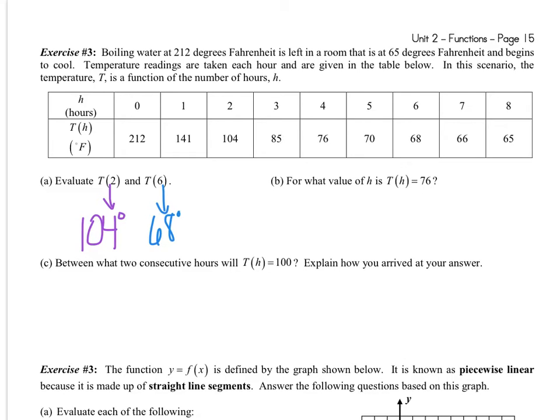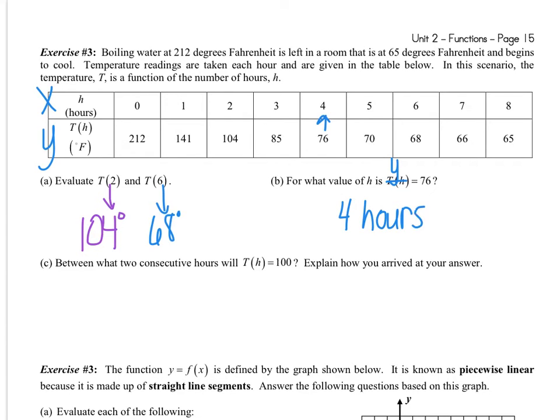Now B is a little bit different. It says for what value of h, so the number of hours. So always be careful what it's asking us for. Is T of h really the y value? So we could really say that if this is our x and this is our y, they're saying for what x value is the y value equal to 76? And if you look up in your table, it was 4 hours.